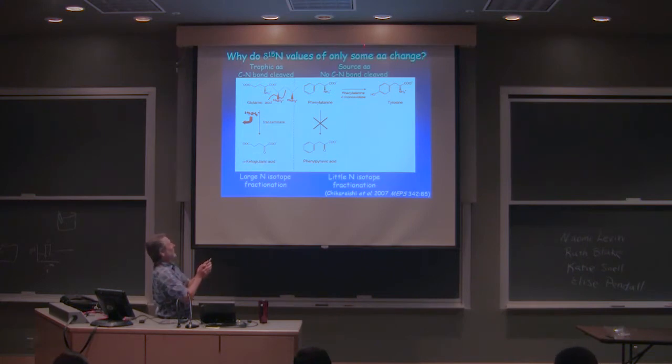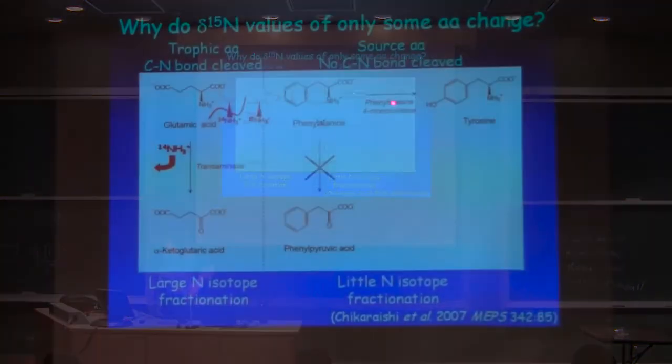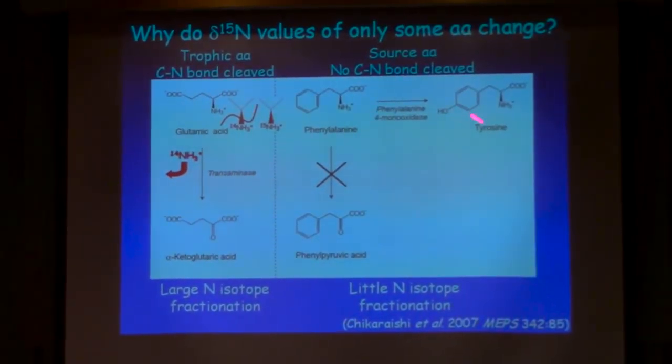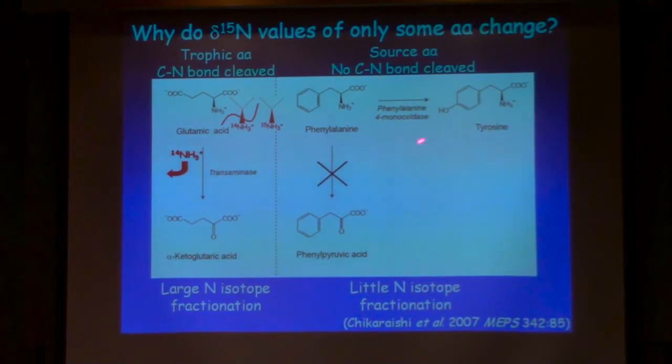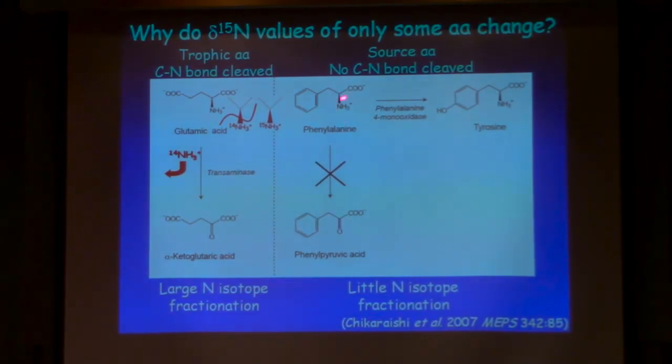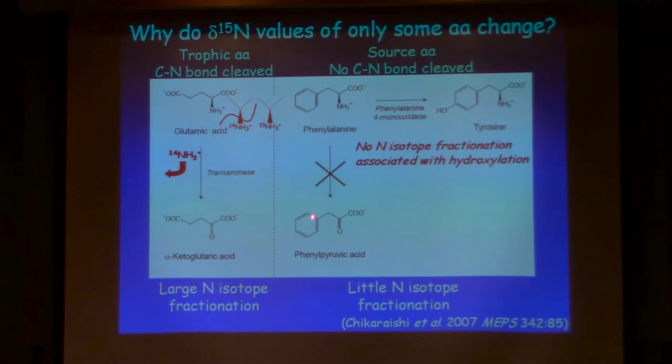Something like a source amino acid like phenylalanine undergoes hydroxylation to tyrosine. That's the main pathway. There are some degradation pathways that break this nitrogen-carbon bond, but they're not quite as important as this pathway, and there's no primary isotope effect associated with hydroxylation.